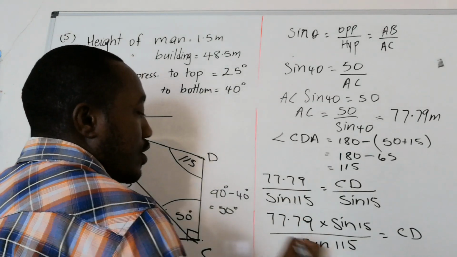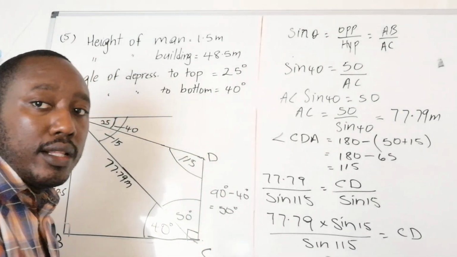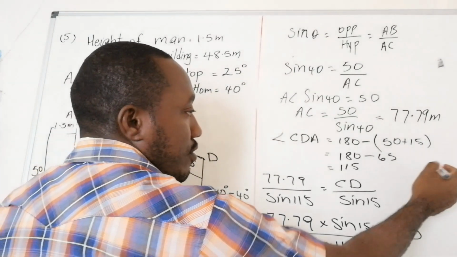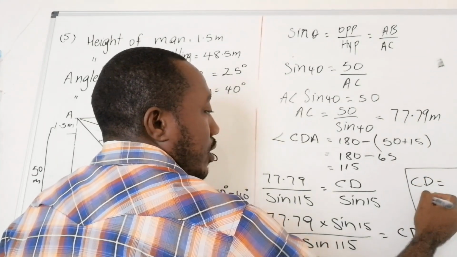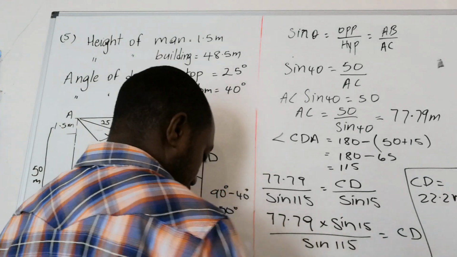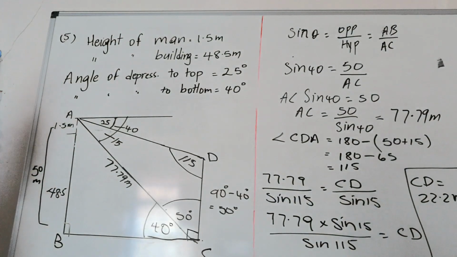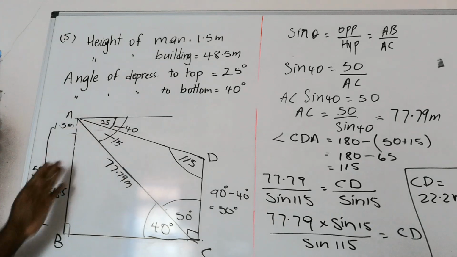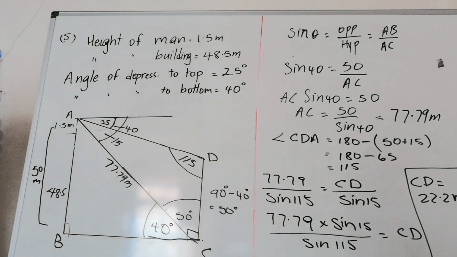So the height of the building will be approximately, CD will be equal to 22.2 meters. All right? So we calculated the height of the building just by knowing the angles of depression. We found the height of this building.